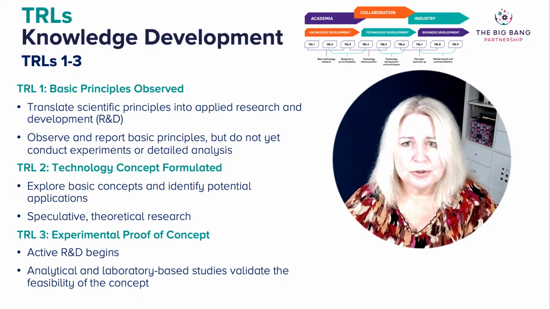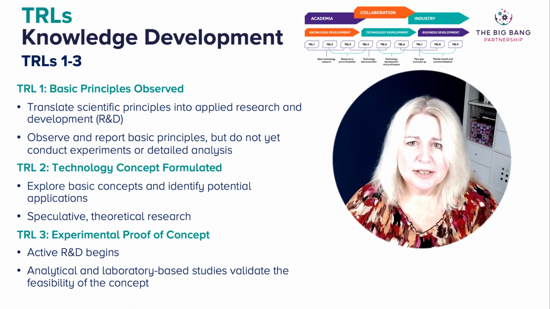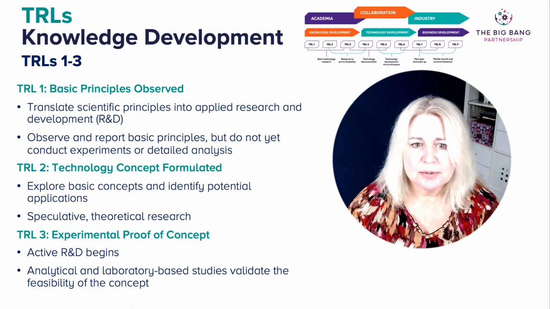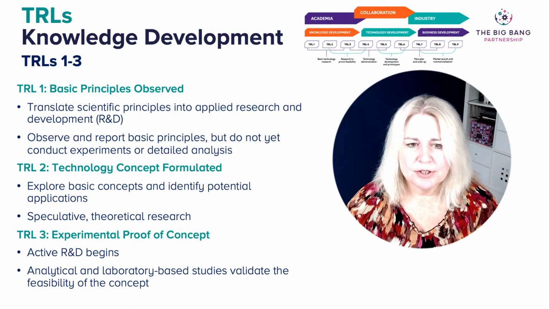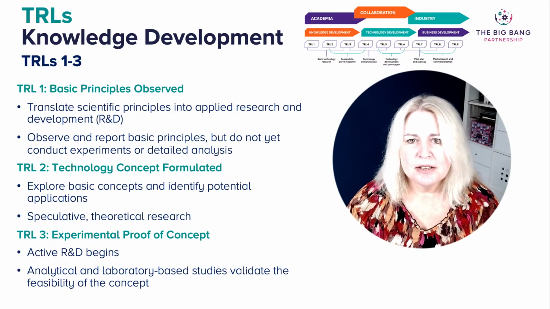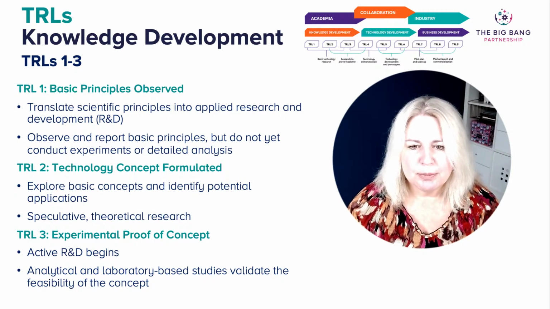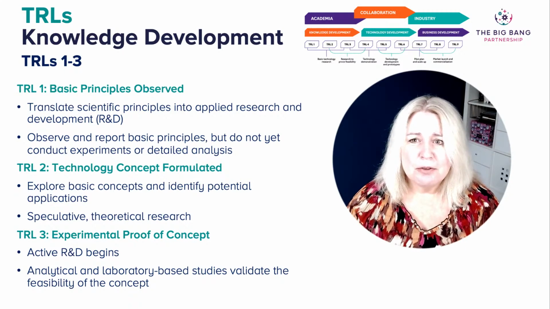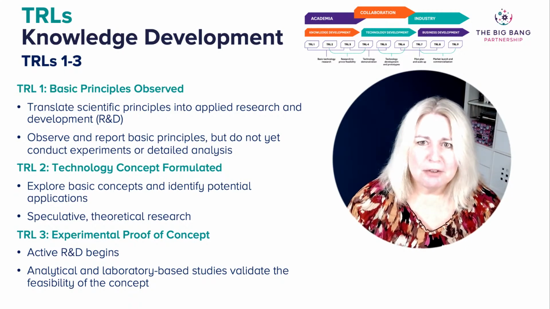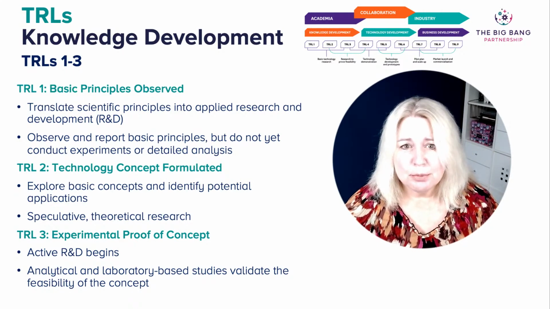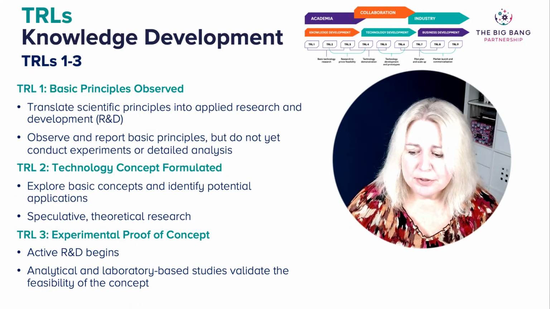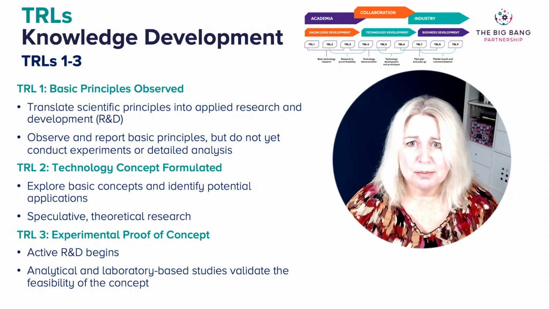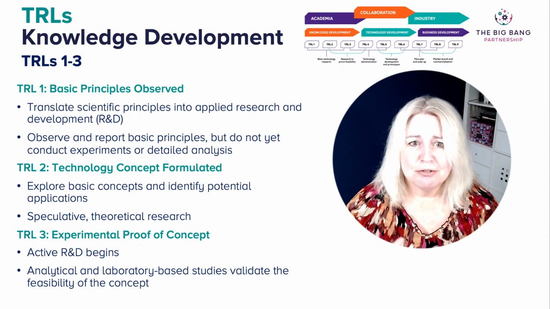As we get into TRL 3, this is now more about experimental proof of concept and doing some more active research and development. So things like analytical and laboratory-based studies to see if the concept will work. So if you think of, let's move it away from technology and think of a really simple example, if you think, for instance, of a business that starts off as a kitchen table business, there might be an idea for a new recipe.